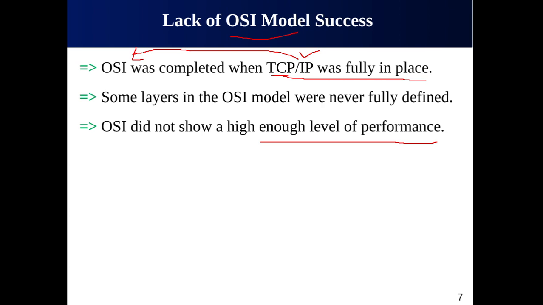At a smaller scale it was not successful, and it was not able to motivate the internet authority to switch from the TCP protocol suite to the OSI model. There are also other reasons, like the bad timing of the OSI model, but these are the three common reasons for not succeeding in the internet market.